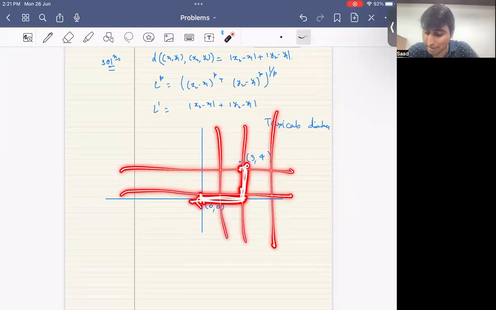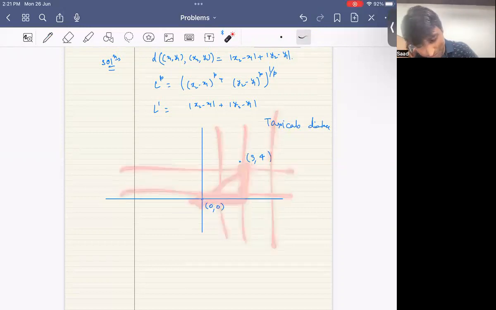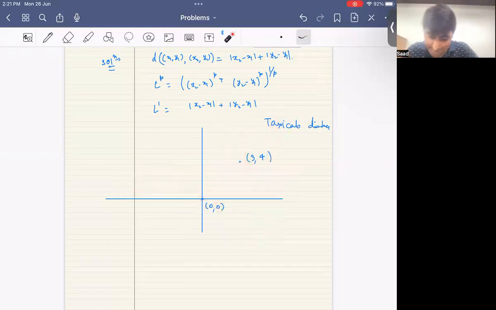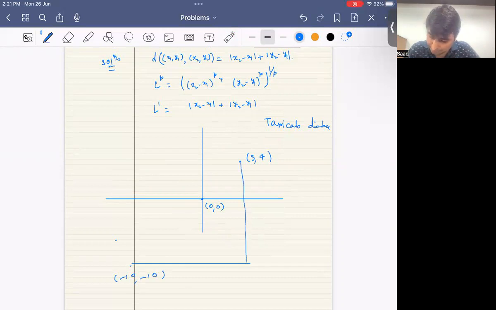You can't possibly fly like this because streets are not designed that way, right? So that's the distance. And suppose I were to ask the distance between, say, minus 10, minus 10 and 3, 4; this distance is going to be this plus this. So that's the fundamental idea of distance, right?